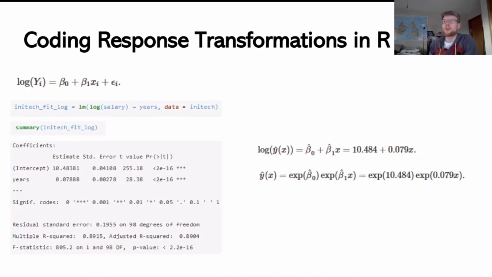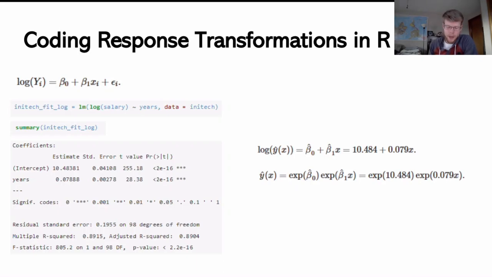So coding response transformations is really the same as coding predictor transformations. I'm just going to write my LM function and write the log of the response here, or whatever transformation I'm doing, as predicted by, and then list my predictors out as normal. So again, I can just code that into the LM function that I'm running.